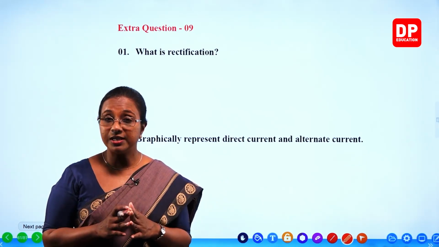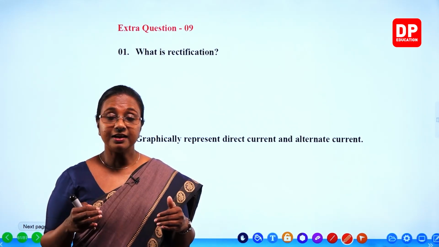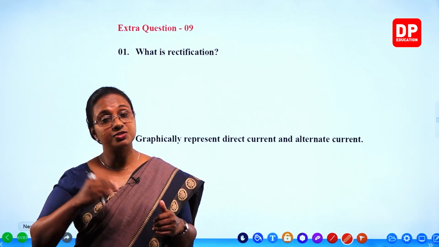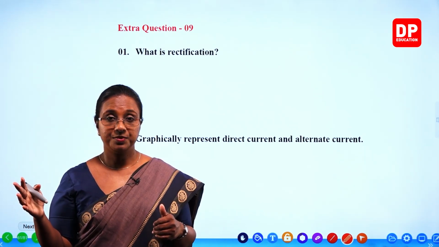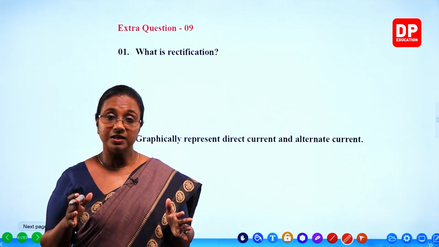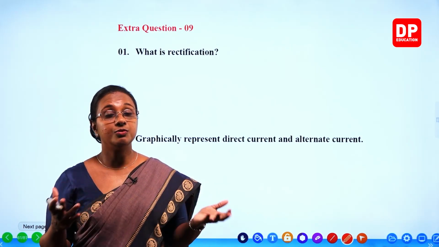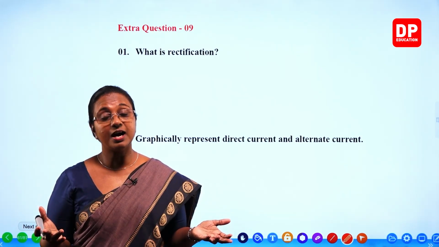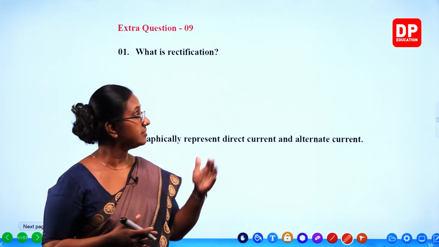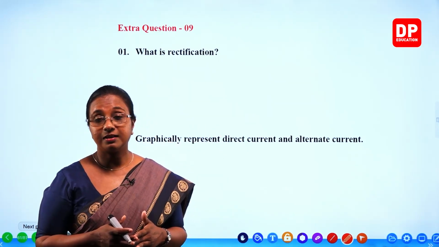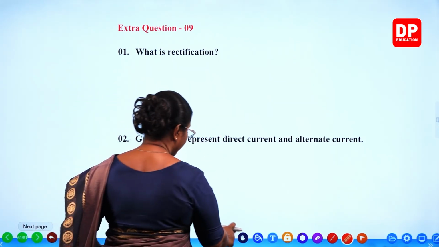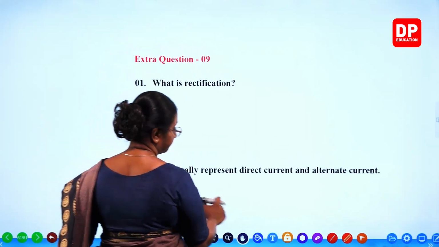So that is the alternating current. In a direct current, the direction of the current does not change with time. So if we convert the alternating current to a direct current using rectifier diodes, then that process is known as rectification. So that is what you need to write here.